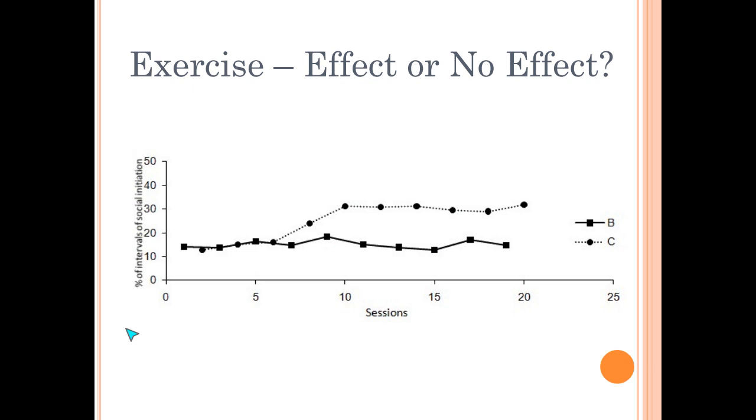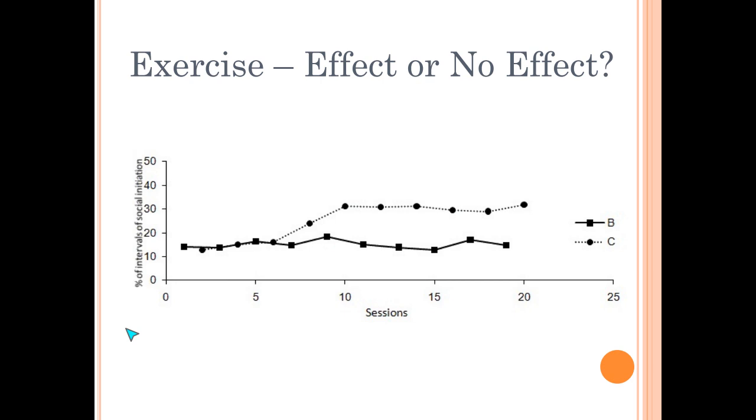C is better. That is the correct answer. Because of that stable upward trend, you have what is called a clear phase differentiation, or a clear differentiation between the different data pairs.